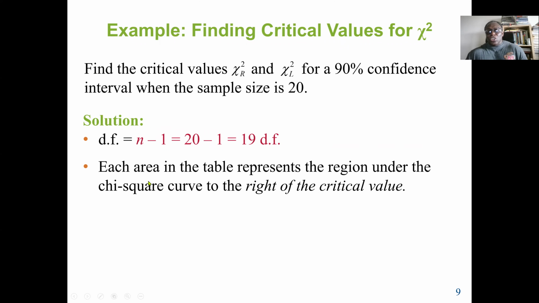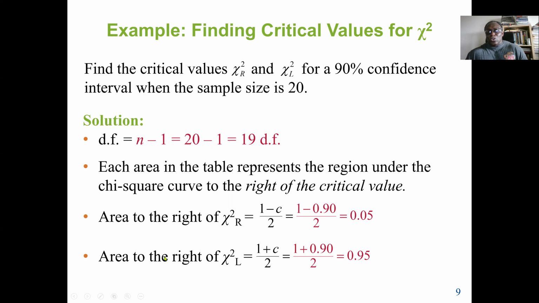Then second, each area in the table represents the region under the chi-square curve to the right of the critical value. So we find the area to the right of chi-square is 1 minus C over 2. Remember, C is our 90% confidence interval, so that's 0.9. So we get 1 minus 0.9 over 2, which gives us 0.05.